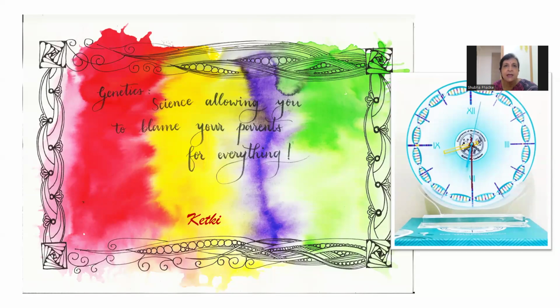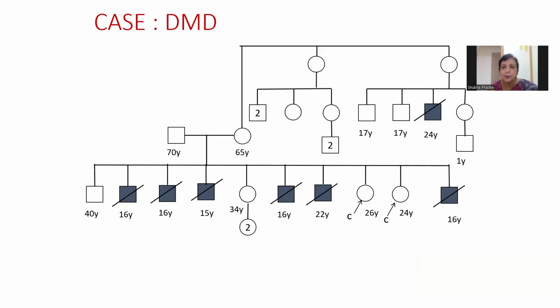We have seen common typical modes of inheritance: dominant, recessive, and X-linked disorders. The other X-linked disorder is Duchenne muscular dystrophy. Everybody is affected with a very classical phenotype, so even without seeing a patient, we can know that this is Duchenne muscular dystrophy.